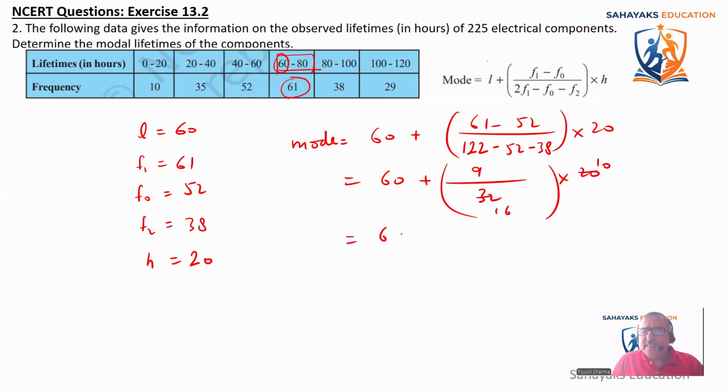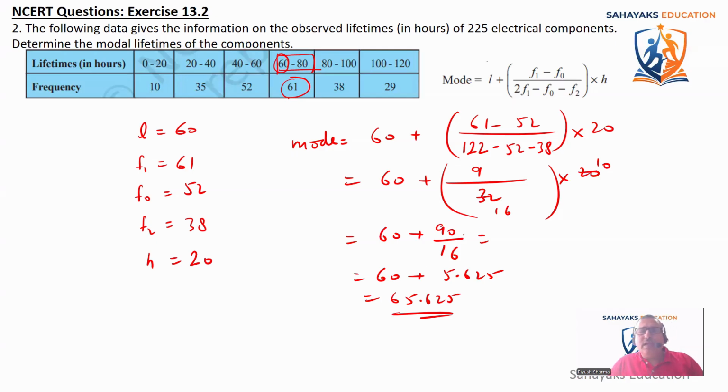So it is 60 plus 90 by 16. Let's compute it. It comes out to be 60 plus 5.625. So when you compute it, it becomes 65.625.